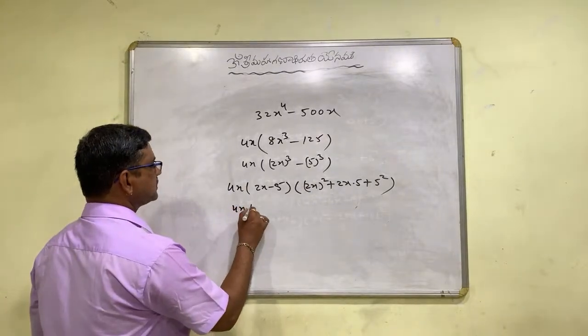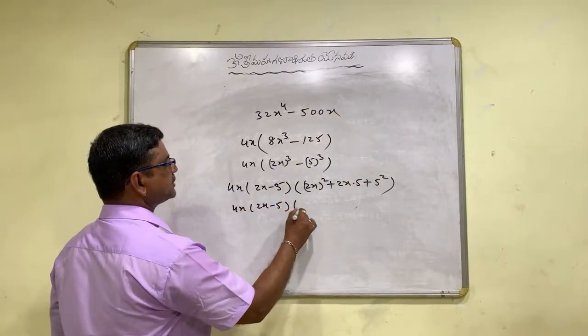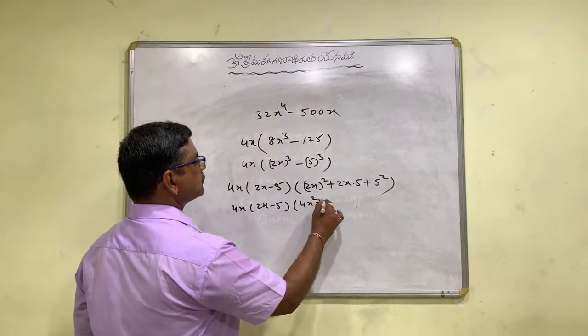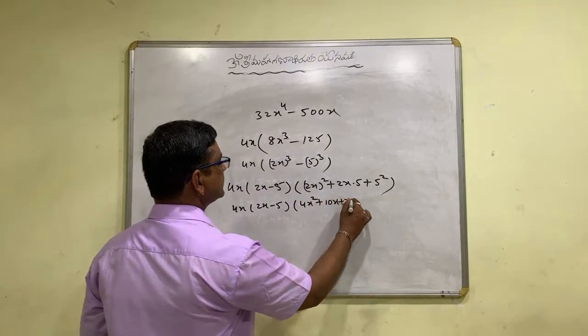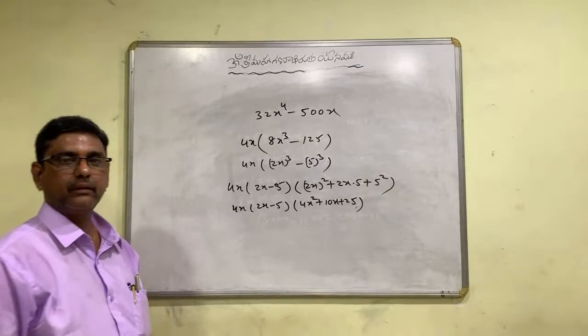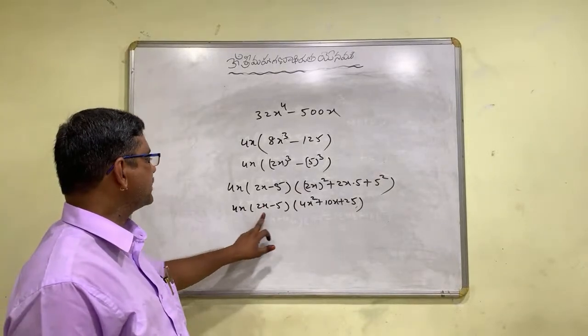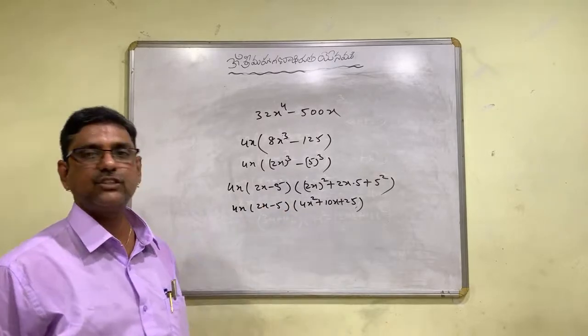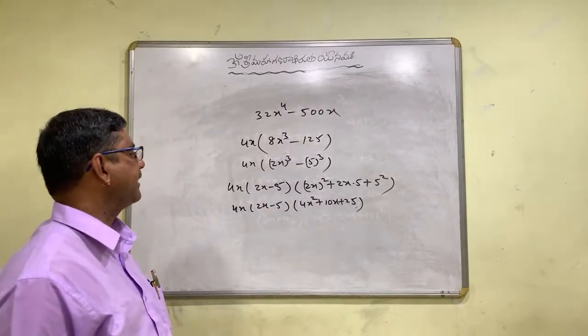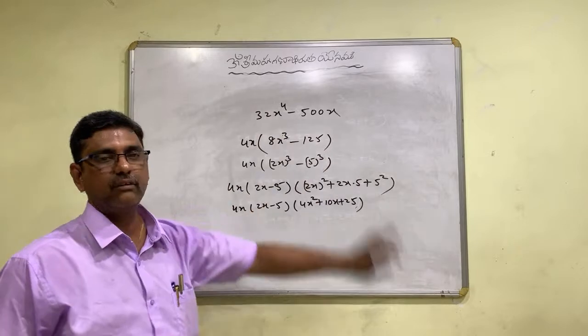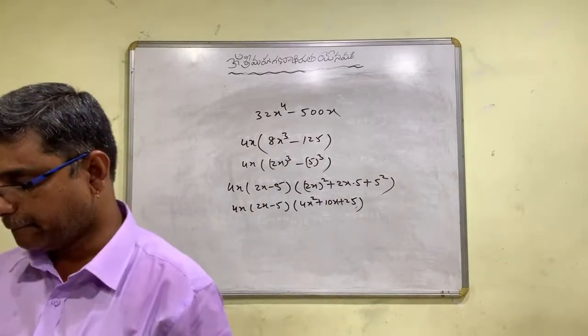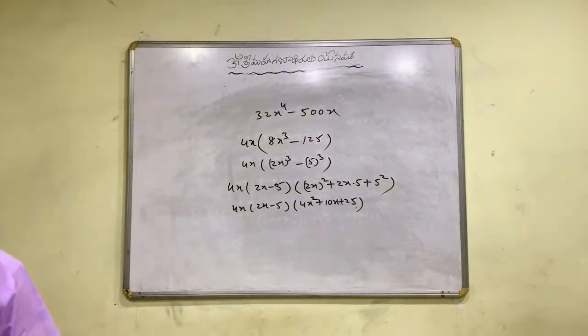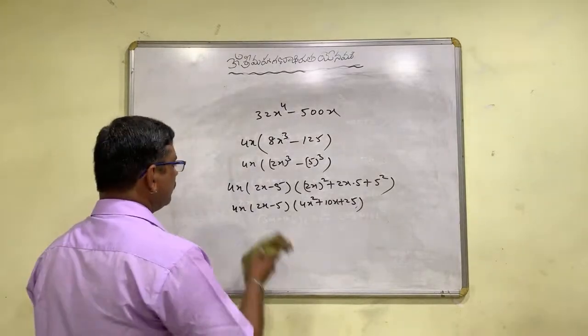So 4x into 2x minus 5, 4x square plus 10x plus 25. So children, these three, 4x, 2x minus 5, 4x square plus 10x plus 25, are the factors of this polynomial. Okay children, I will move on to the next one.